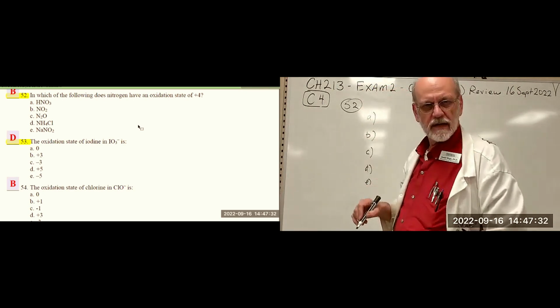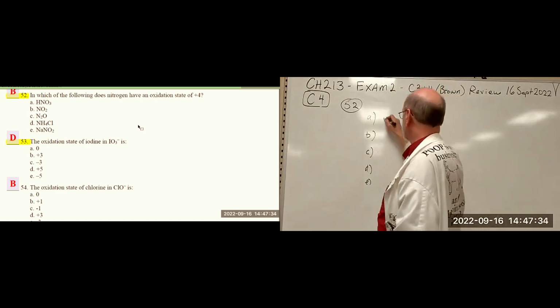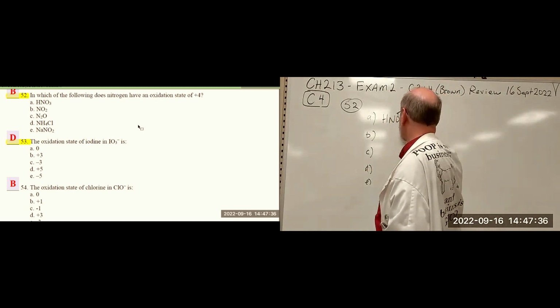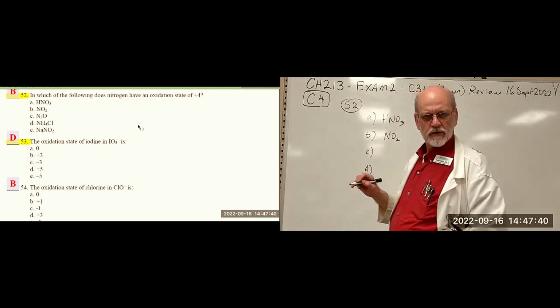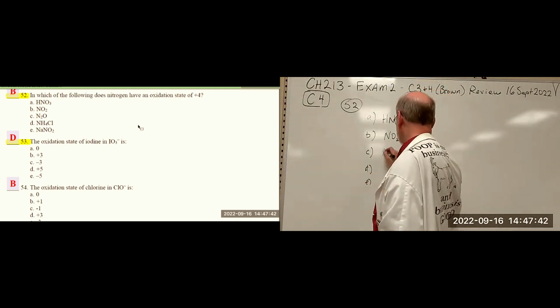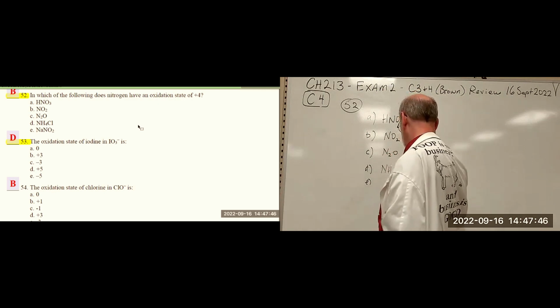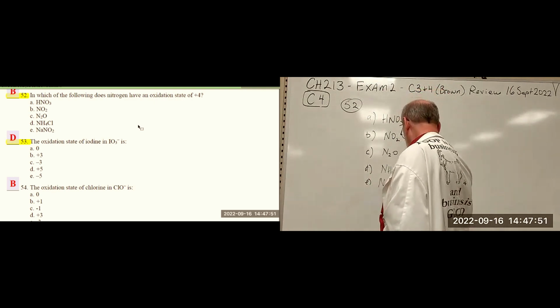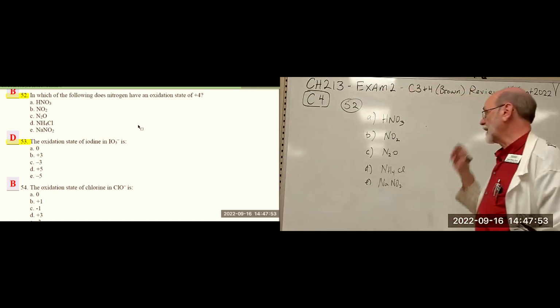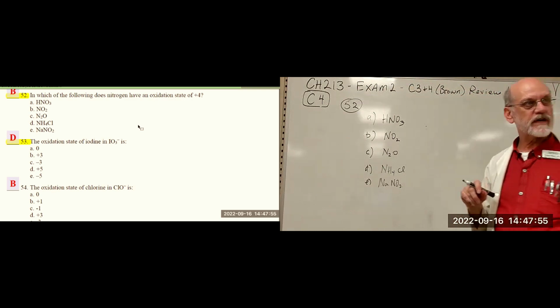Okay, we got nitric acid, NO2, N2O and NH4Cl, and NaNO2.